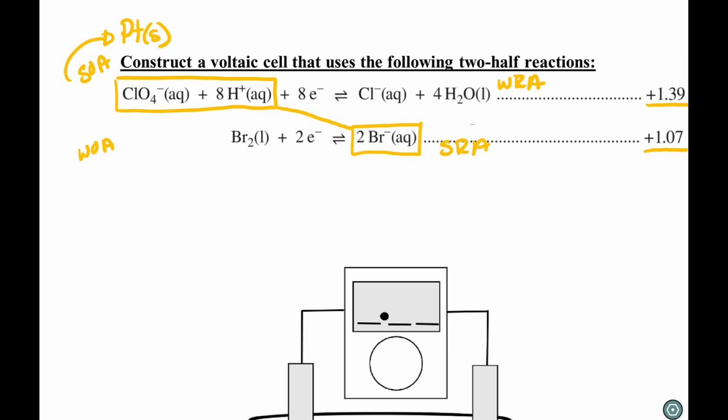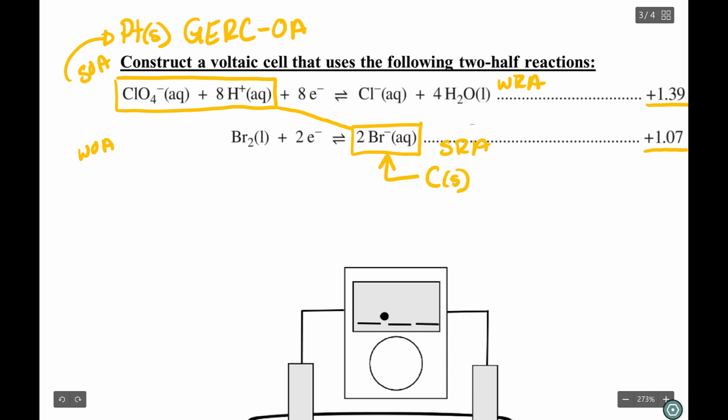And I recognize that this is going to gain electrons, undergo reduction at the cathode because this is my SOA. And then over here, I'll just pick carbon, no particular reason, just we haven't used it yet, as my electrode.